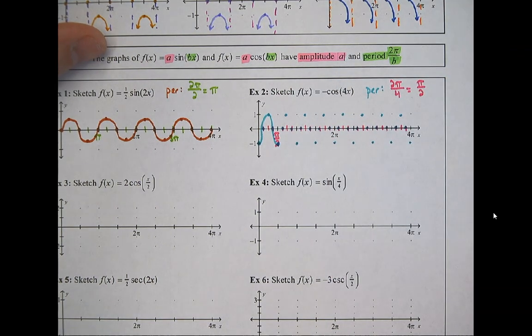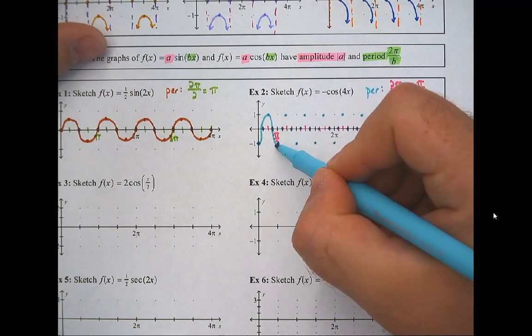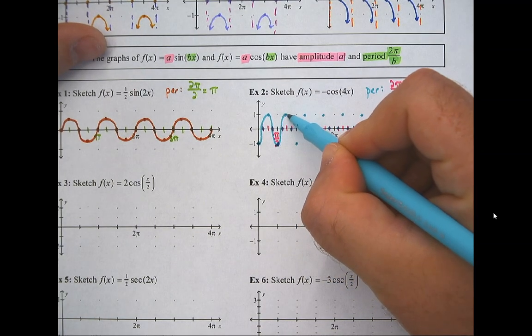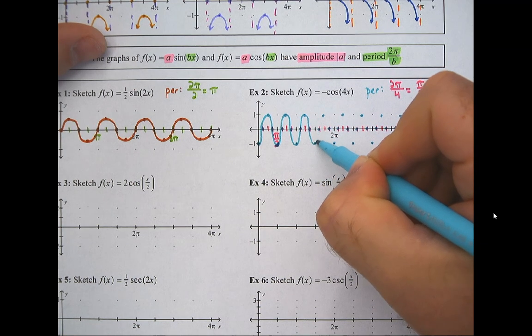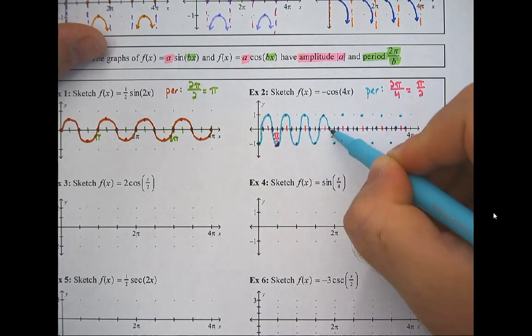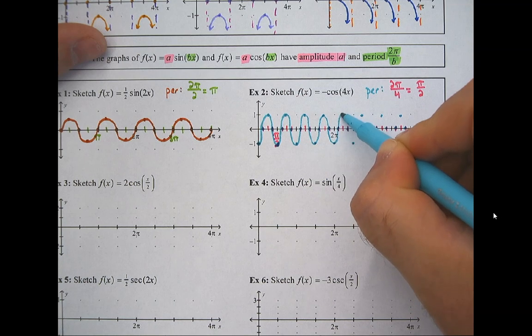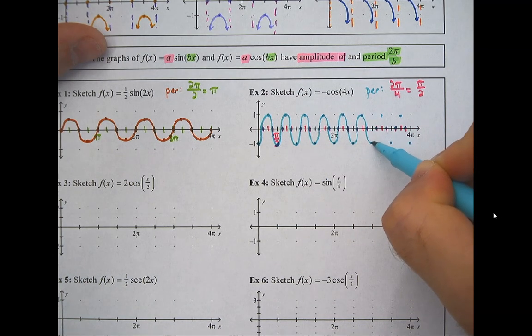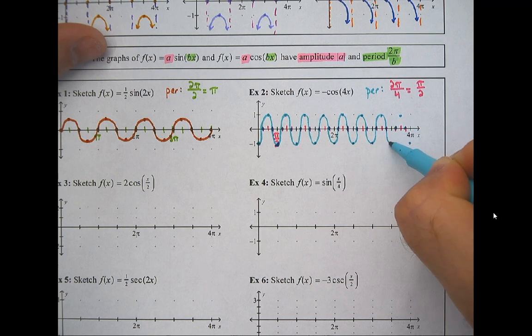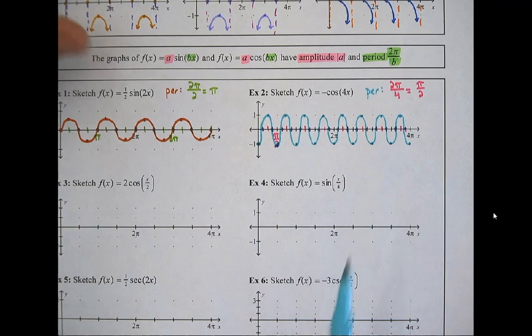Then I'm going to try to connect all of these with a smooth curve. They look better at the end than they do at the beginning, but that's all right.